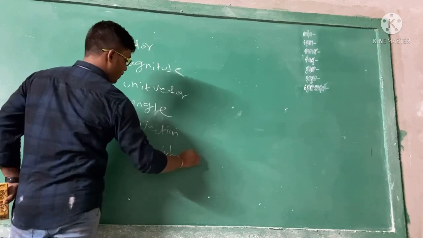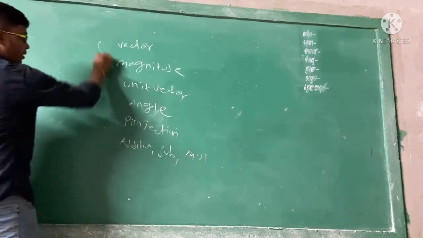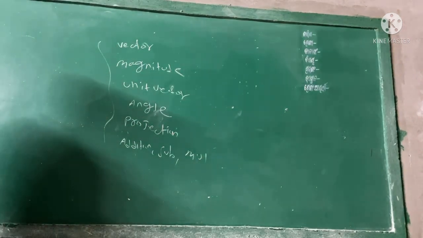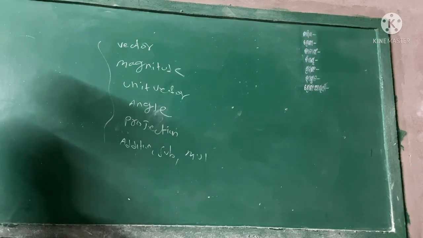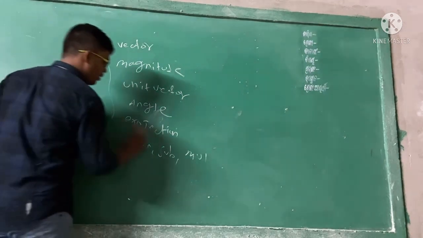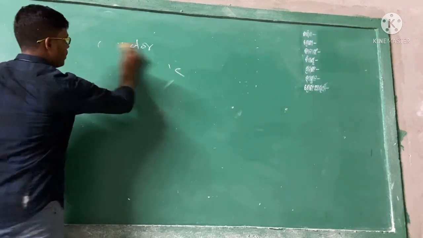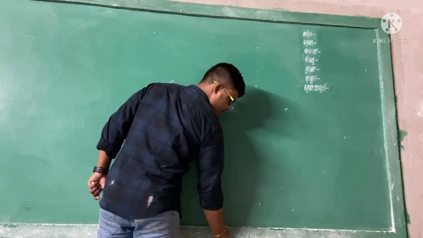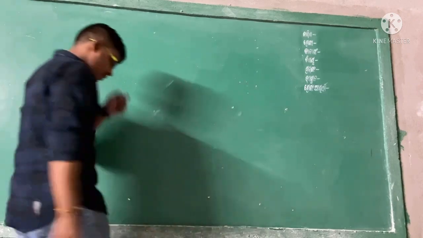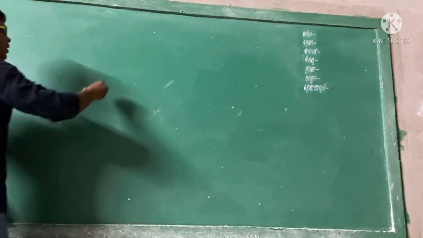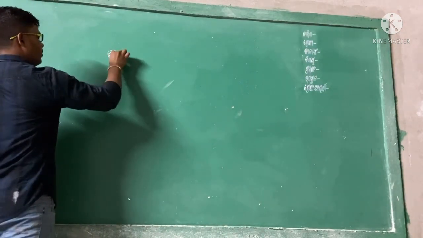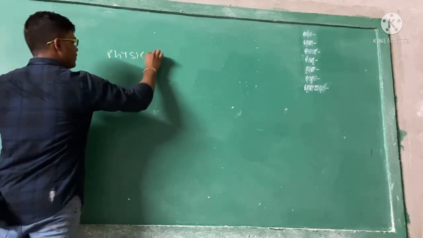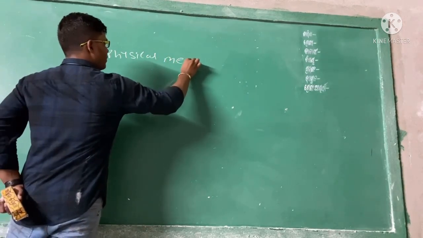Angle is your direction and magnitude is given by the formula with a1 square and a2 square. Then the angle, the projection and the calculus, that is addition, subtraction, multiplication. So remember this vector. We will see more details on the vector in the next class. The vector class will be continued because some important things are remaining.